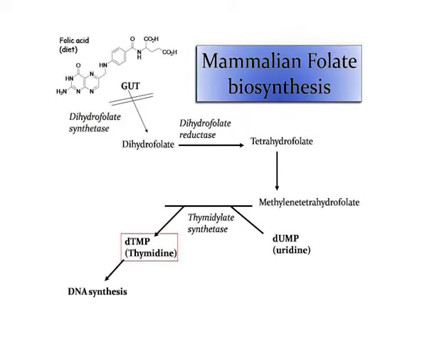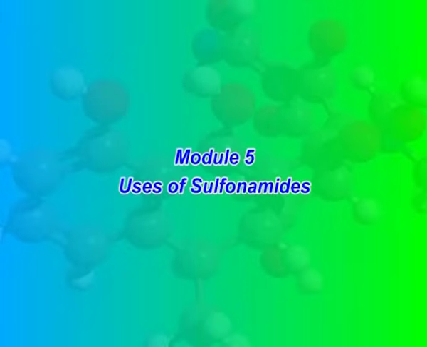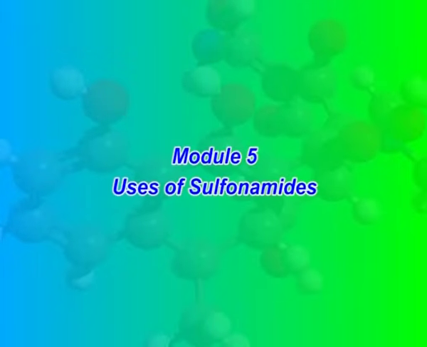This is shown in a figure where we have seen the mammalian folate biosynthesis pathway, which we can correlate with the mechanism of action. This is the end of this module. In the next module, module 5, we are going to discuss uses of sulfonamides.